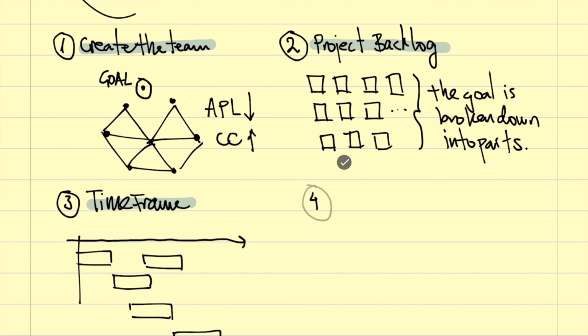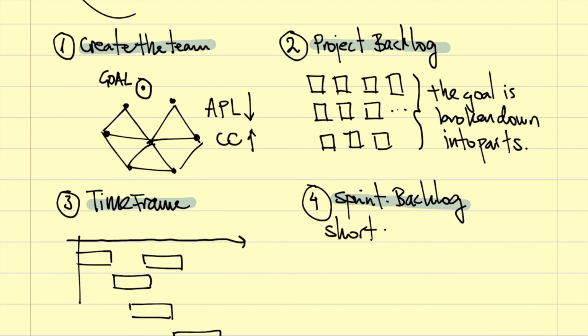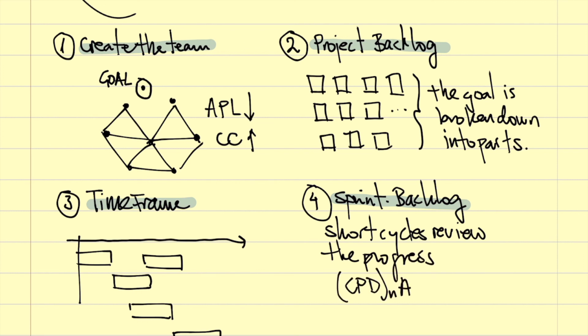Then you create the so-called sprint backlog, in which you review the progress with short cycles. And this is done with CPDNA or DCPNA. Okay.